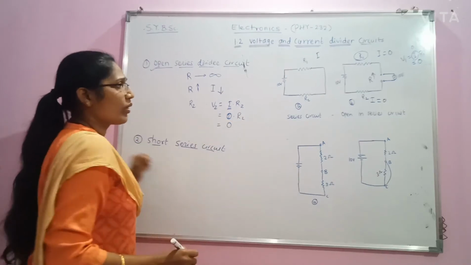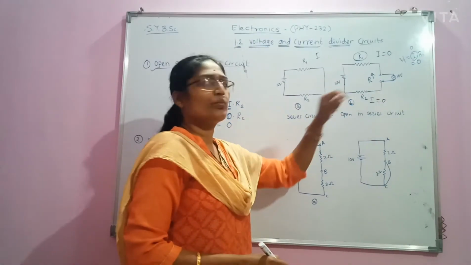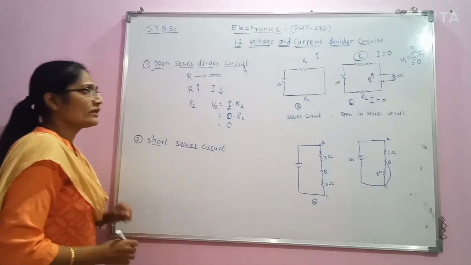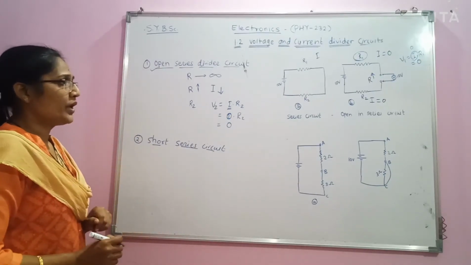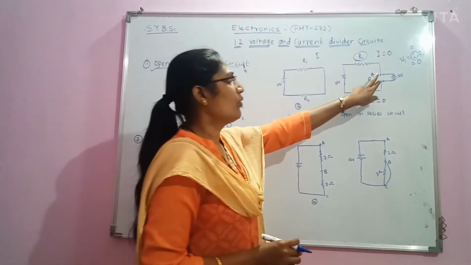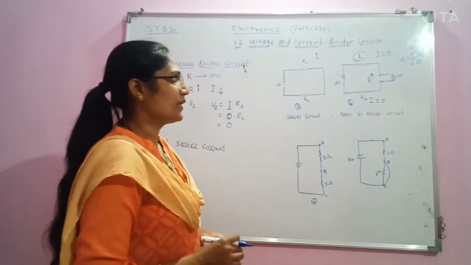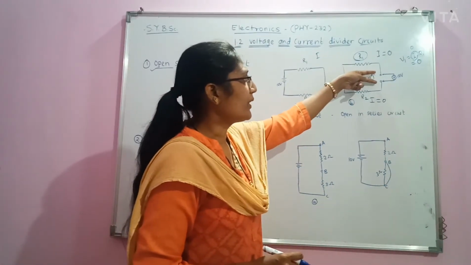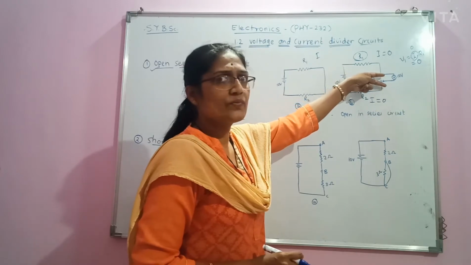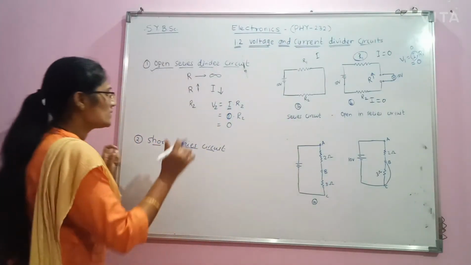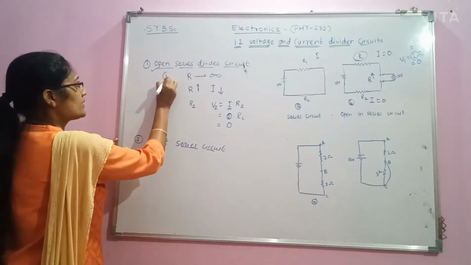Therefore the voltage drop across R2 will also become 0. This is the first case. Now, because of this open end, what will be the other possibility? As this is the open terminal, the resistance is very high.